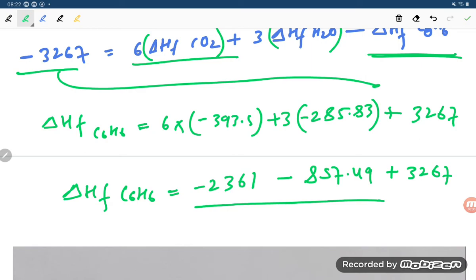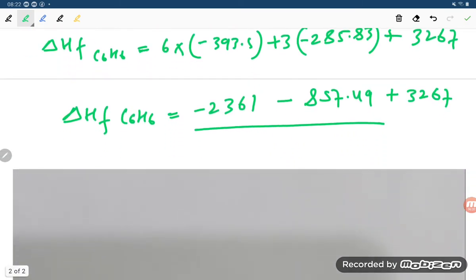These both are negative, so they get added: 2361 plus 857.49 gives 3218.49, negative, and plus 3267.